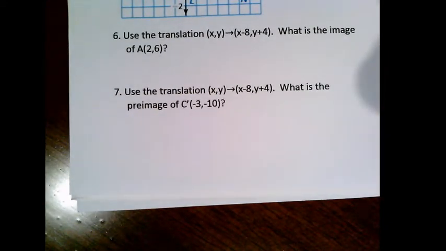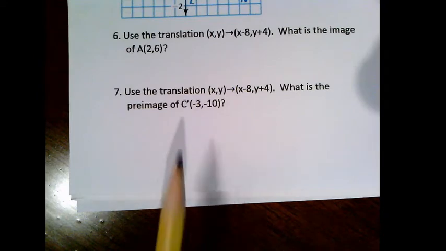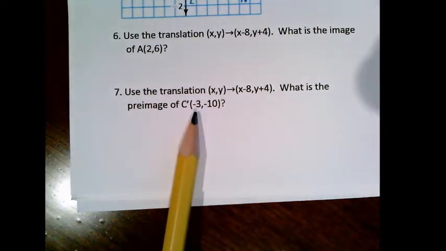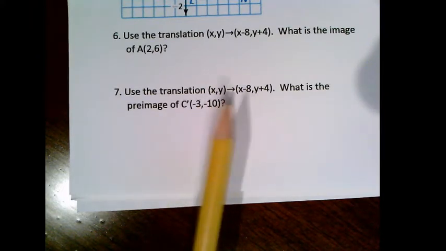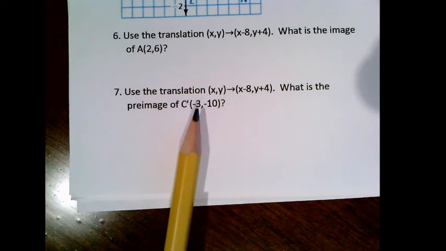It says use the translation starting with xy and then x subtract 8, y plus 4. What is the pre-image of C prime, negative 3, negative 10? There's lots of ways you can do this. The way I look at it is this is where we ended up. We ended up at negative 3, and we started at a number and we had to subtract 8 to get to that. So this is how I do it.